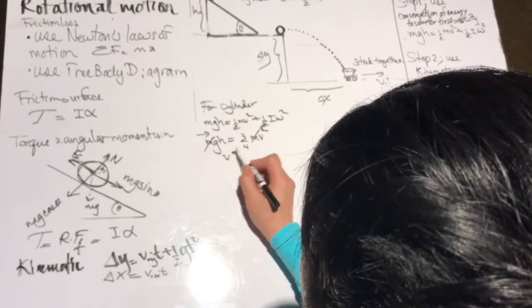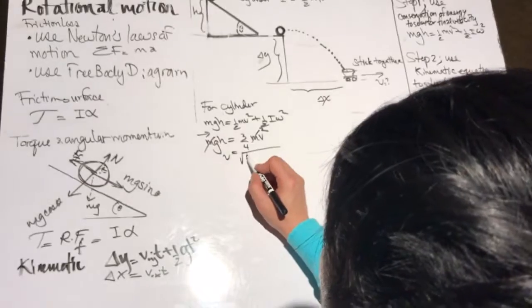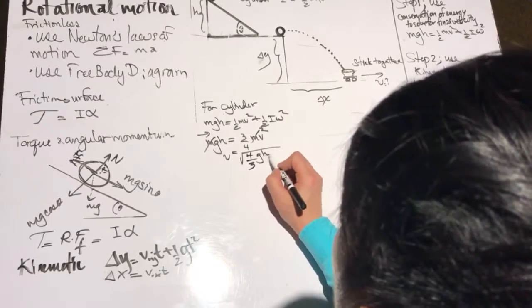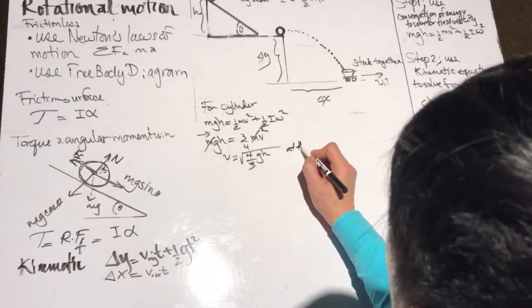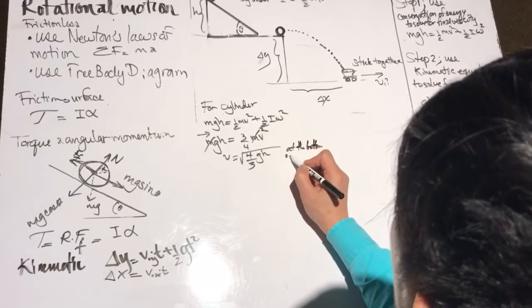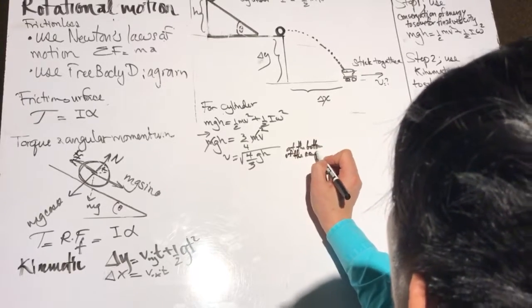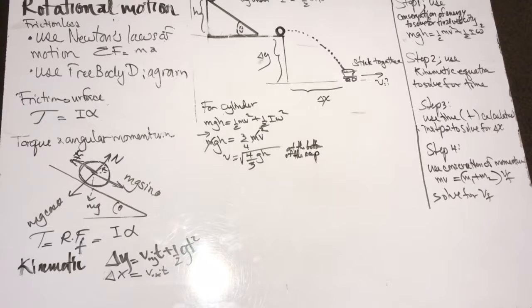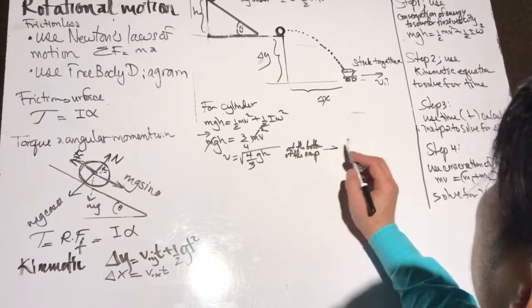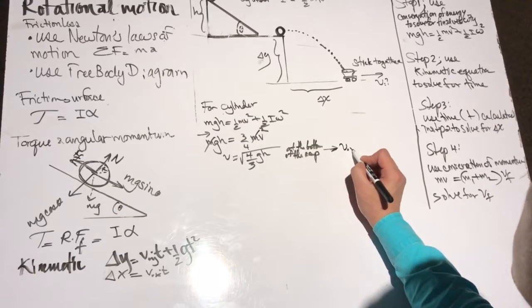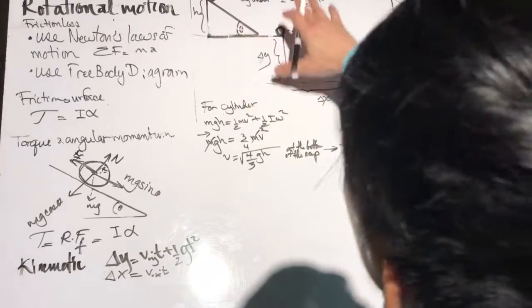So to figure out the velocity at the bottom of the ramp, it will be the square root of 4/3 times gravity times the height. And basically this is confirmed to be the velocity in the x direction, Vox. So now we've done solving the first problem.